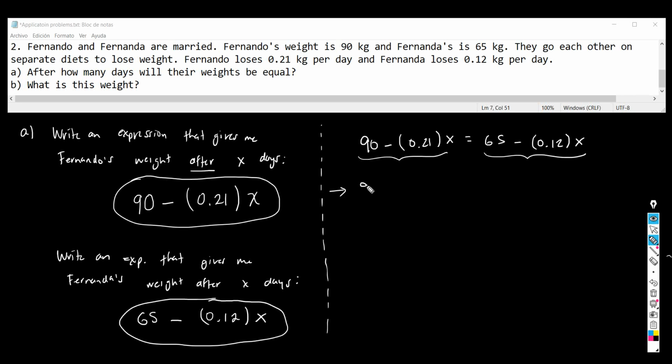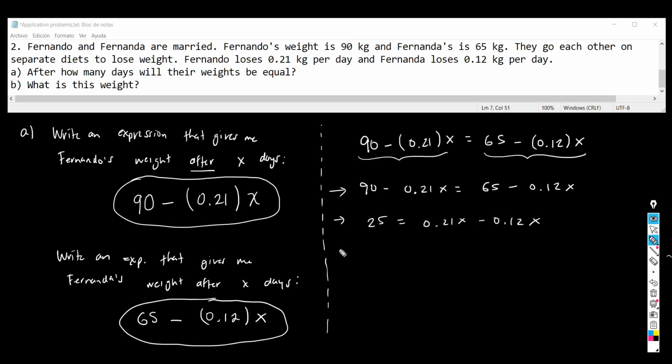So let's solve it. 90 minus 0.21x equals 65 minus 0.12x. Then let's subtract 65 from both sides. We get 25 equals 0.21x. I'm adding also 0.12x. Okay, we have this, right?